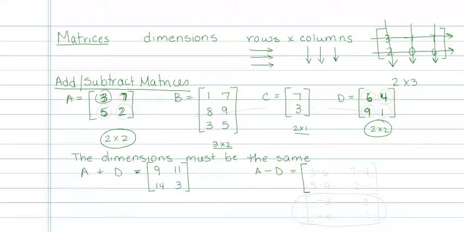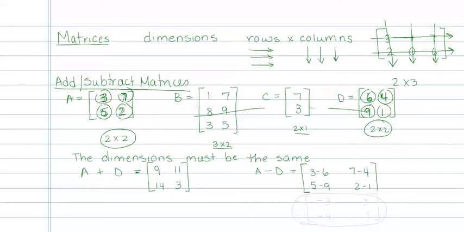So you have 3 minus 6. I'll go ahead and do the steps on this one. 3 minus 6. The next entry would be 7 minus 4. This one would be 5 minus 9. And it'll be 2 minus 1.